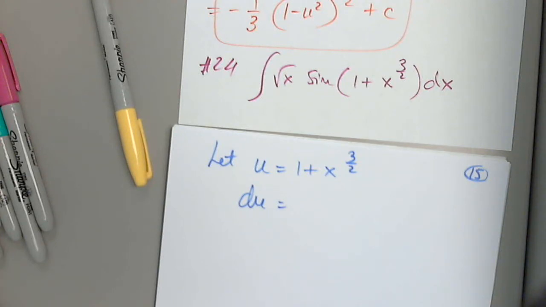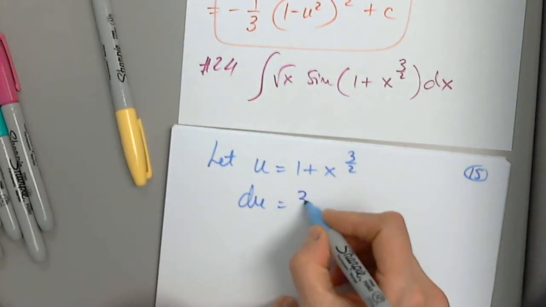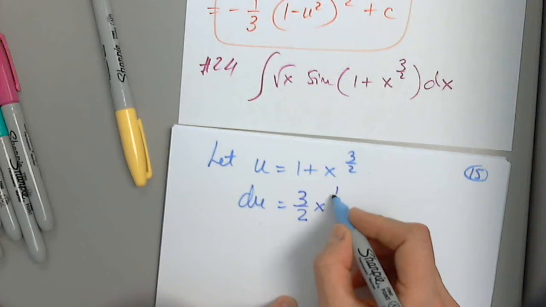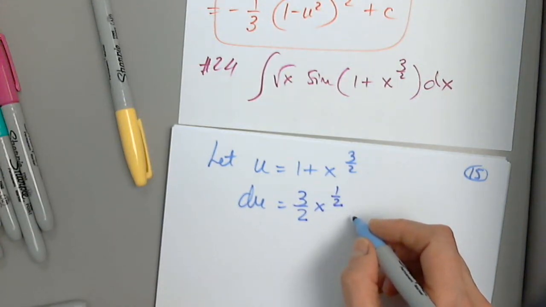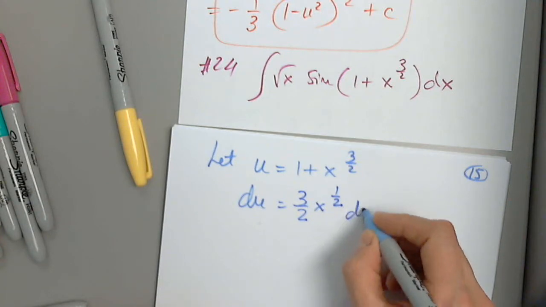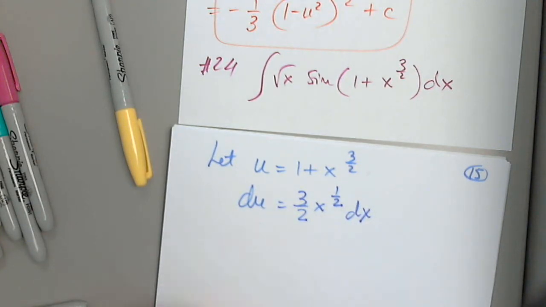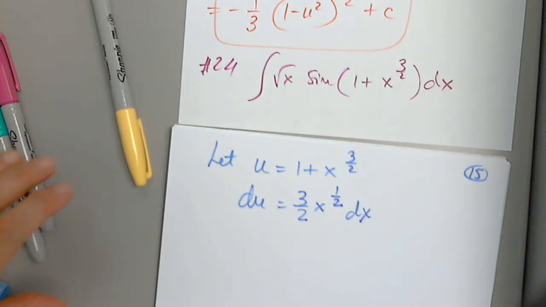This may not be the right way. Good. So what is du? Equal to 3/2 x to 1/2. That's not enough. Careful. Remember, du is times dx. Very good. If we forget the dx, then we're not finding the differential of u.